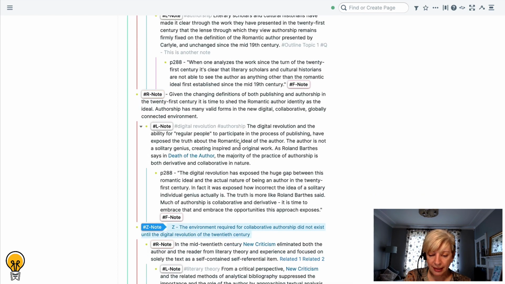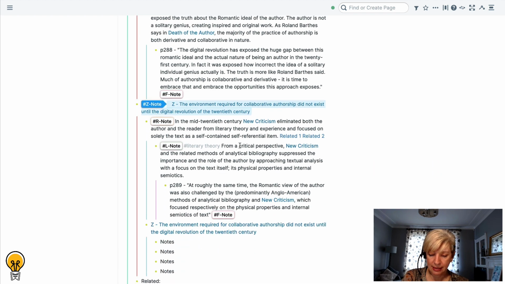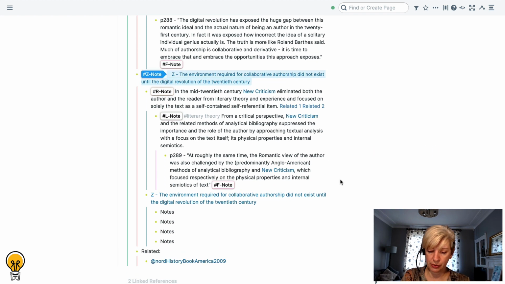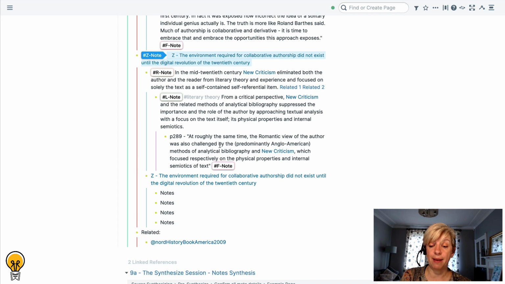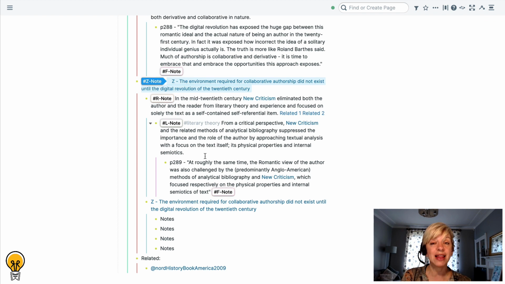So let's look at this one, since we've already been talking about the view of the author. The actual quote was, "At roughly the same time, the romantic view of the author was also challenged by the predominantly Anglo-American methods of analytical bibliography and new criticism, which focused respectively on the physical properties and internal semiotics of the text." And so I have simply read that, restated it in my own words.